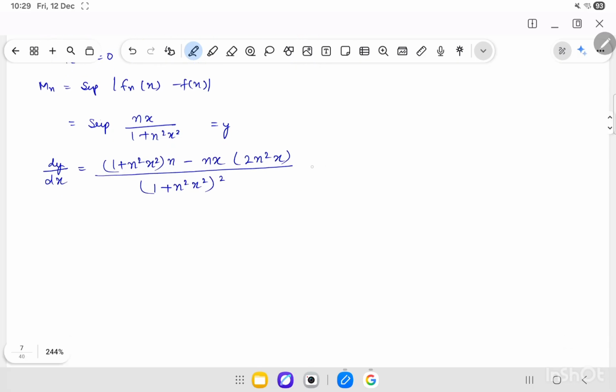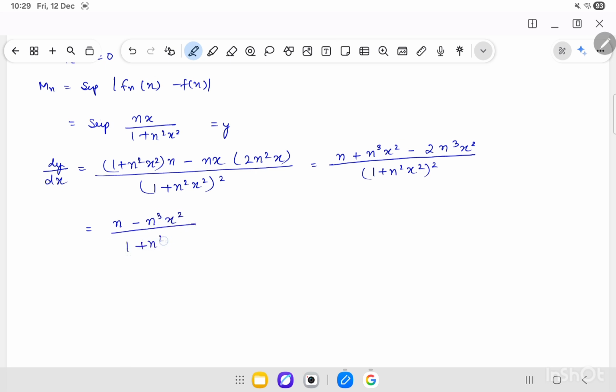So it will be equal to n plus n cube x square minus 2n cube x square, divided by (1 plus n square x square) whole square. So it will be equal to n minus n cube x square divided by (1 plus n square x square) whole square.